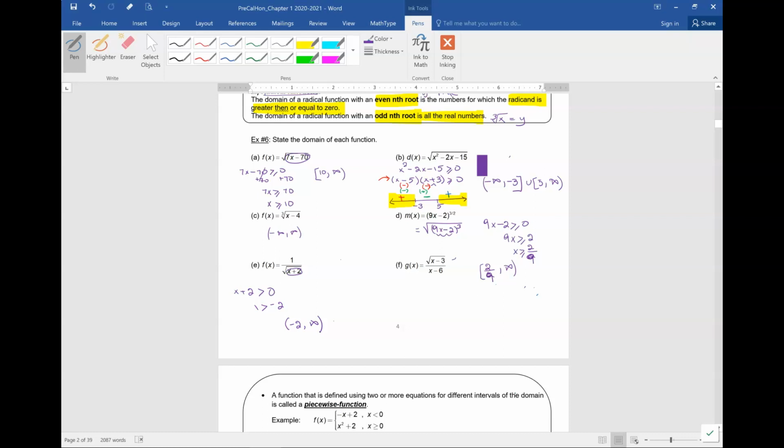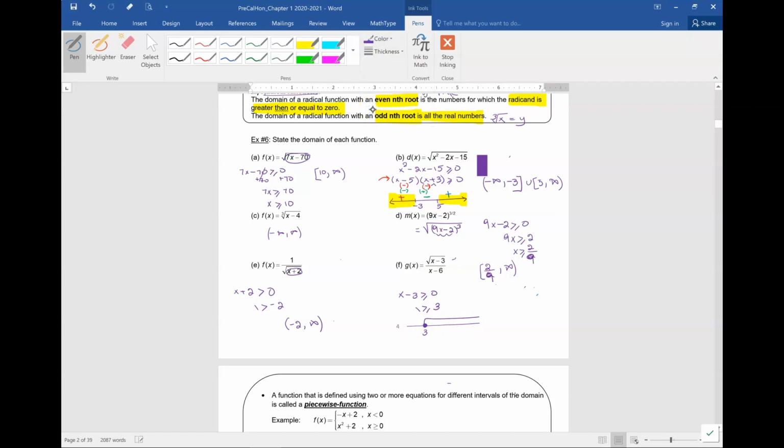Okay? Next one. I have a root in the numerator. x minus 3 greater than or equal to 0, which means x is greater than or equal to 3. Let's just see what that looks like. It's these numbers.